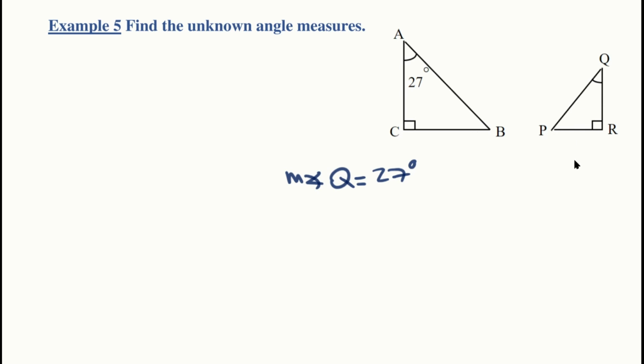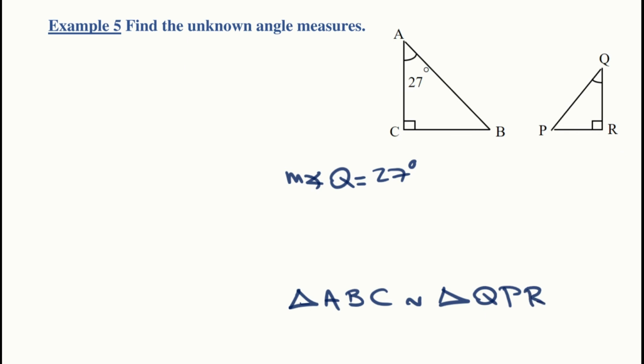So if you actually wanted to write the similarity statement for these two triangles, you could start with triangle ABC is similar to triangle. Now notice A goes with Q, so we would put Q first. B is going to go with P, and C is going to correspond to R. So you would go like so, right?